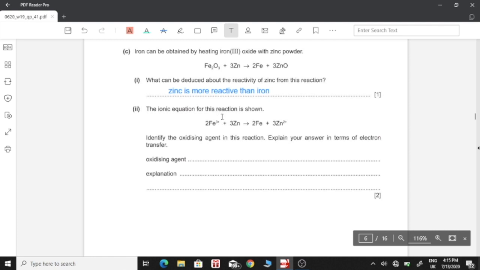So it becomes from an ion to an atom. So the 3 plus charge is cancelled when it gains 3 electrons. So in this case we have iron as the oxidizing agent, or rather the iron 3 plus, and the reason is that it gains electrons, or it is reduced.